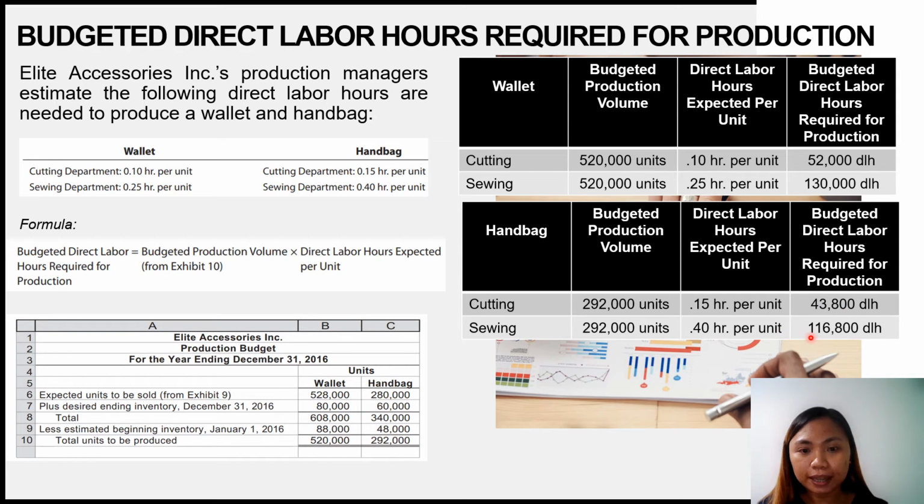So this means that to manufacture 292,000 units of handbag, 116,800 direct labor hours is needed in the sewing department. So that is how we would compute for the budgeted direct labor hours required for production.